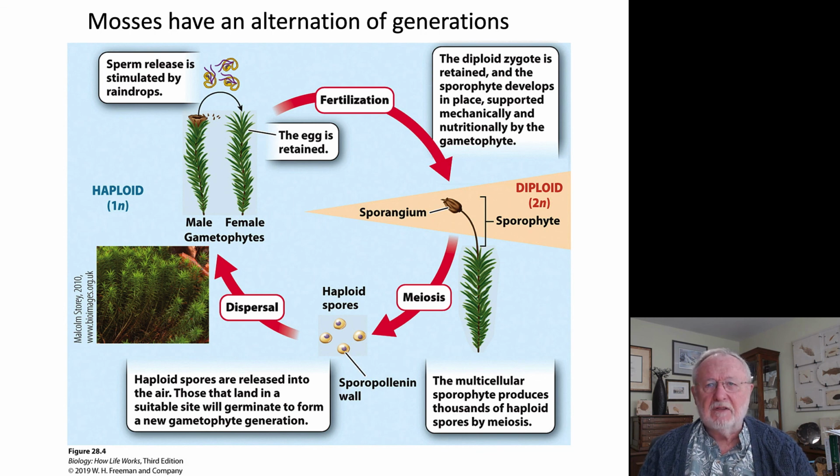Mosses have that same alternation of generations as we had shown, going from male and female gametophytes, where water is used to transport the sperm, to the production of a sporophyte.